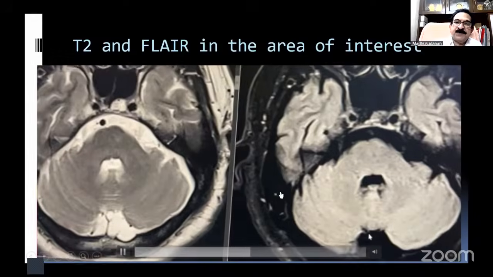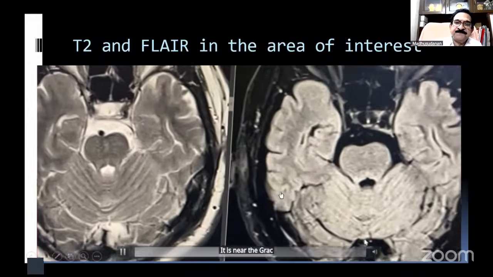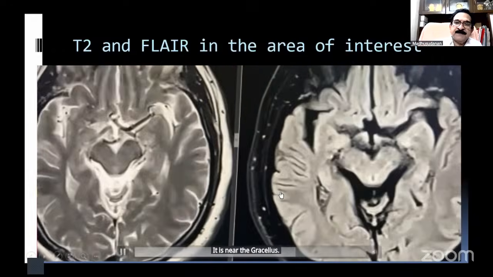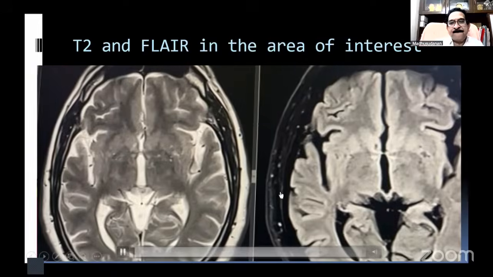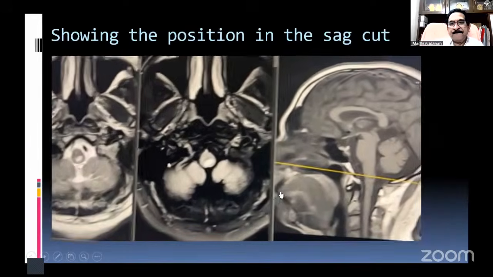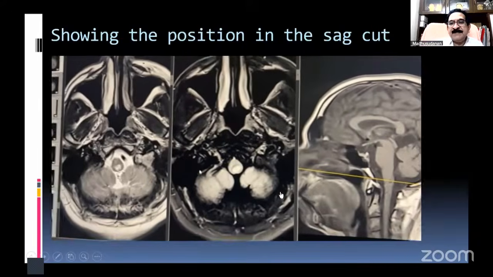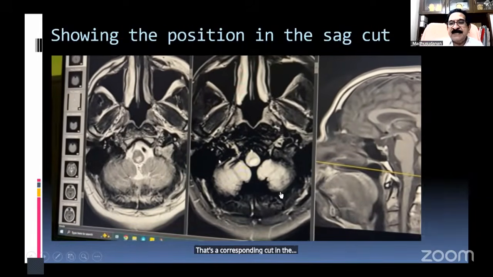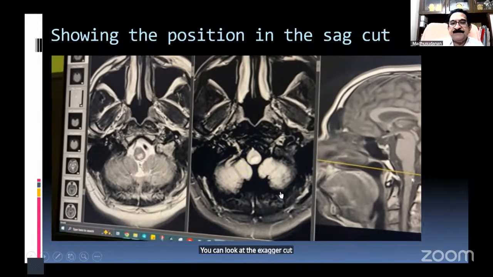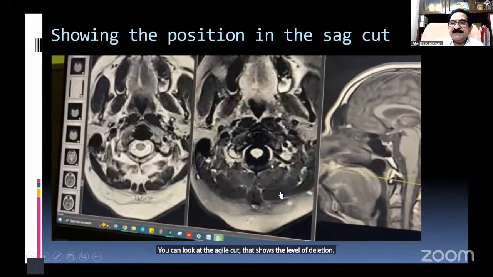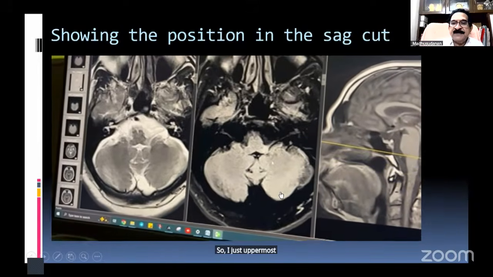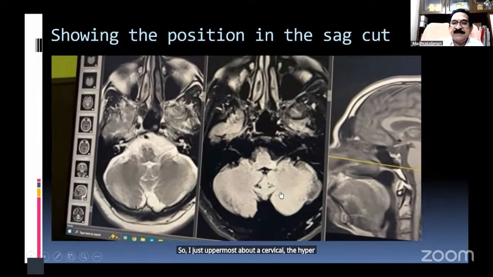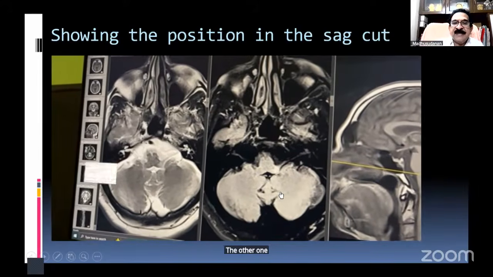It is near the gracile nucleus. You can look at the sagittal cut that shows the level of the lesion, just uppermost in the cervical cord. The other one is in the lateral medulla.